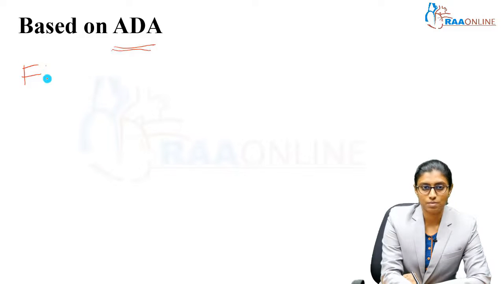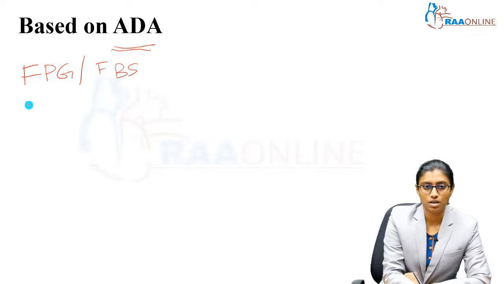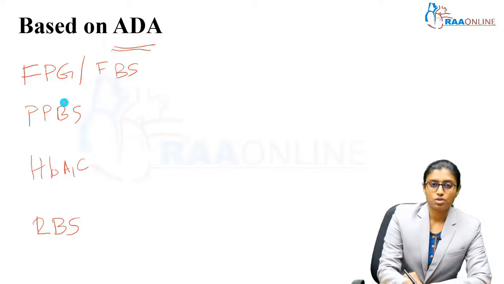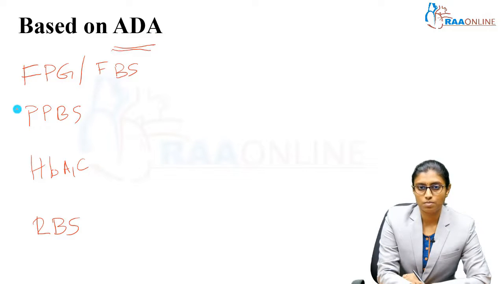One is the fasting plasma glucose, or the fasting blood sugar as we call it in India, the postprandial blood sugar PPBS, HbA1c or glycated hemoglobin, and the other one is RBS, which is random blood sugar. First we'll see how we diagnose based on fasting blood sugar.